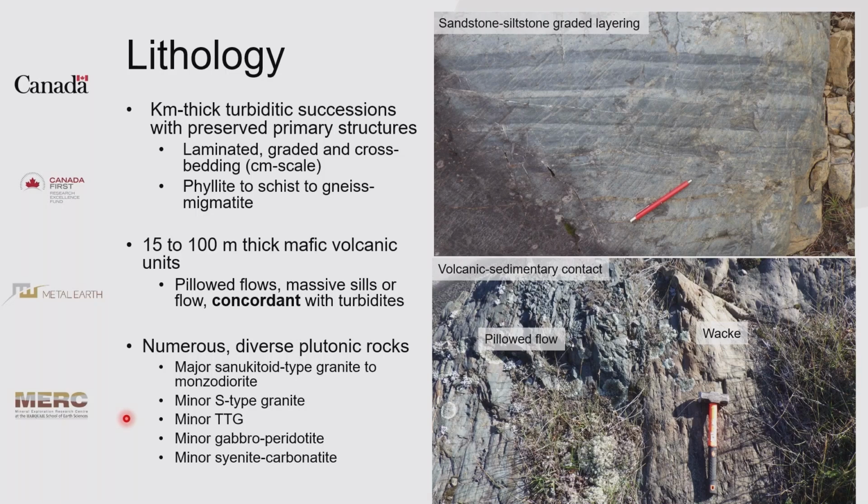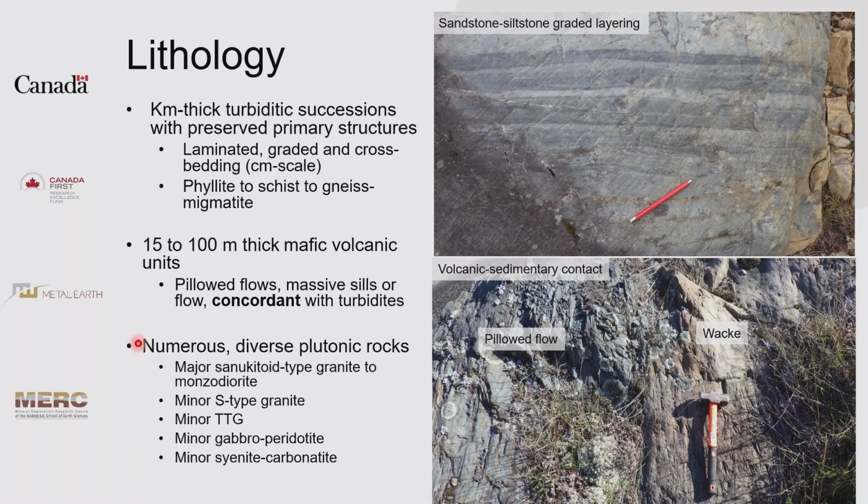These are pillowed flows, potentially sills, that are concordant and interlayered with the turbidites. This is an example of a contact at the southern margin of the Quetico. Especially at the southern margin, there's a lack of major structures, or an increase in strain at those margins. And from the maps, we can see that there's a huge amount of plutonism within the Quetico, and it's a diverse suite of rocks.